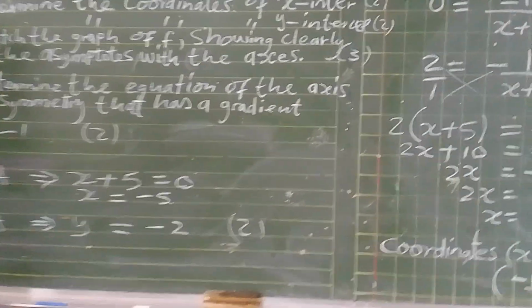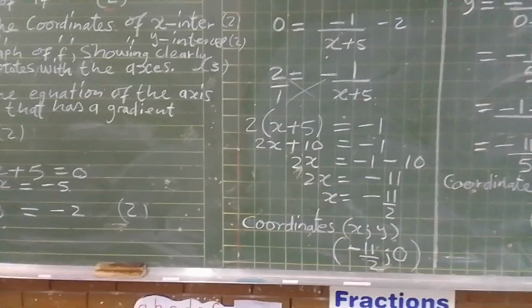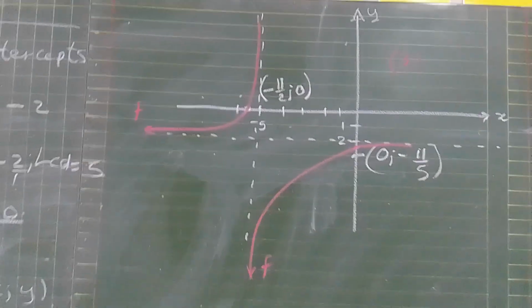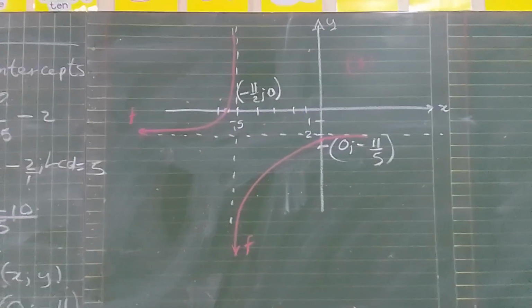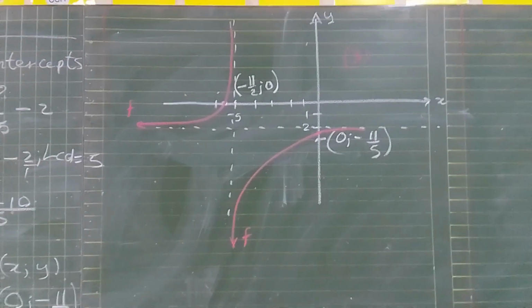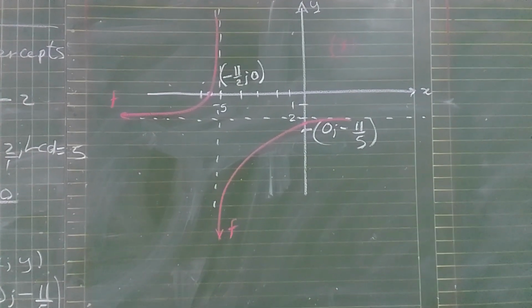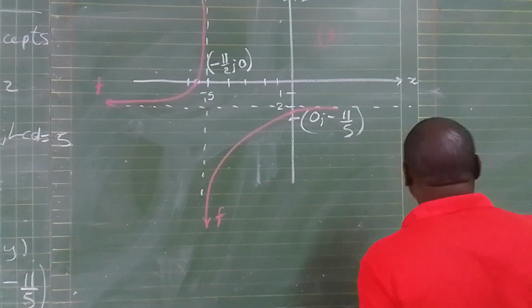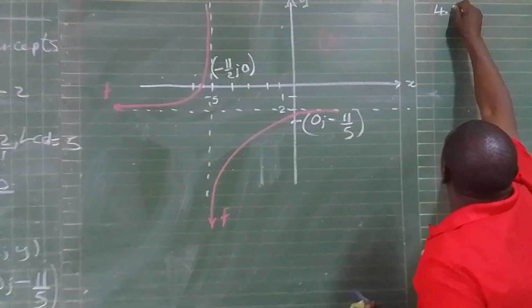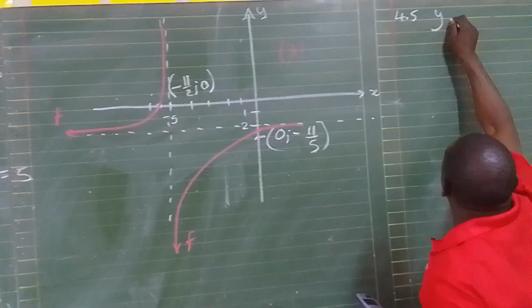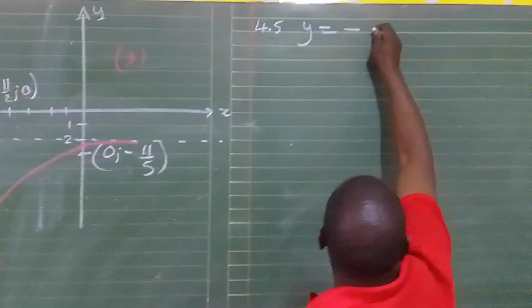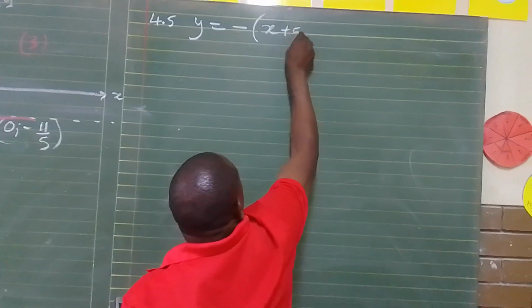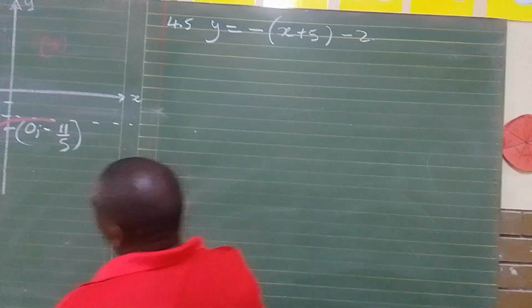Determine the equation of the axis of symmetry. We have y equals minus into x plus 5 minus 2.